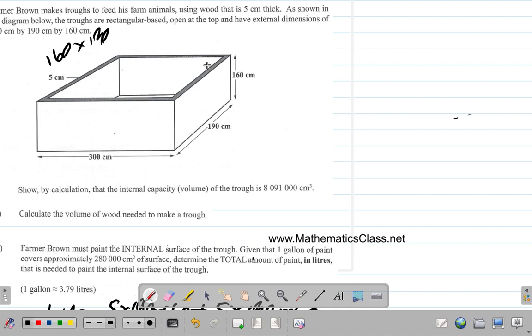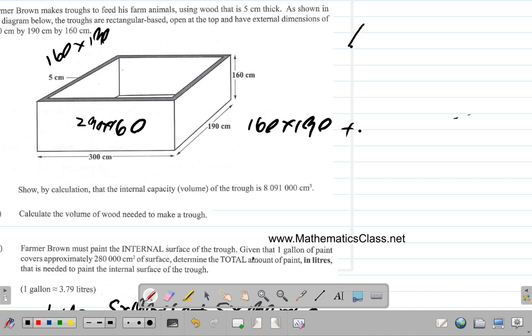If you make this board go all the way across, it would be the same, 160 high by 190 wide. So if you make it that way, the piece at the front would be 290 by 160, right? 290 by 160.